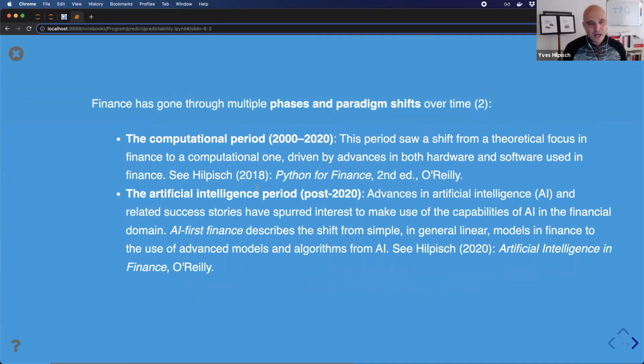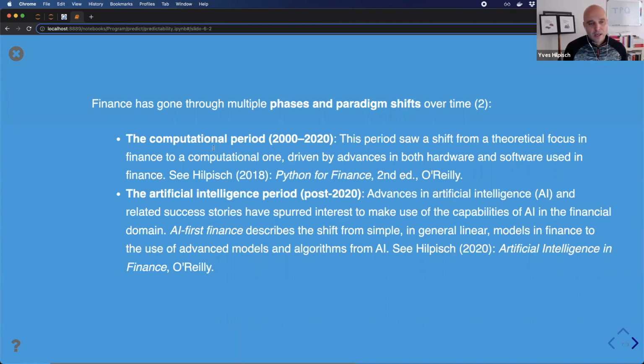But where we are today, we are in the computational period. So we have left basically the wonderful times of mathematical dominance in finance, and numerics have taken over in that sense, or I should rather say a theoretical dominance compared to numerical methods.